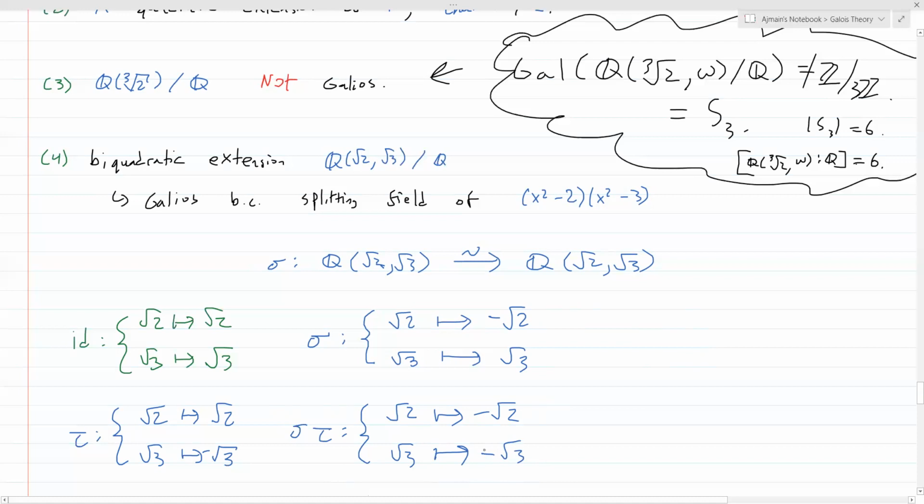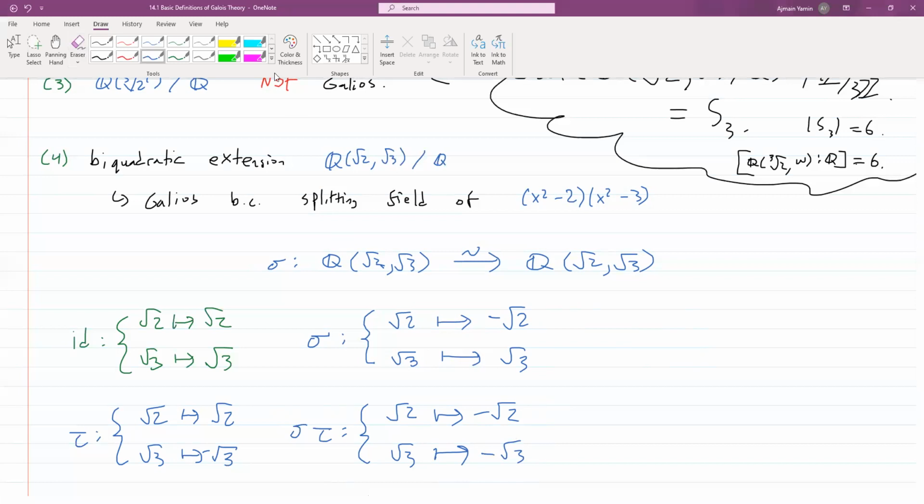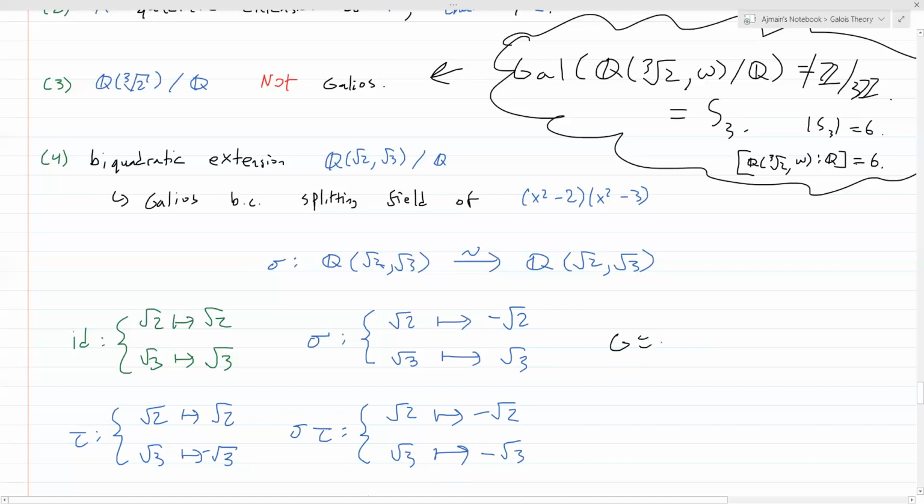So the Galois group, let's write it as G, is generated by sigma and tau. All of the automorphisms are generated by sigma and tau, but you have several relations: sigma squared equals tau squared equals the identity, and sigma tau equals tau sigma.